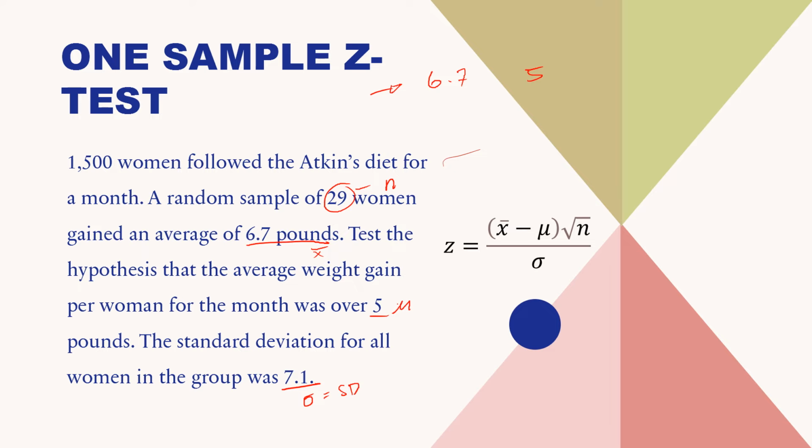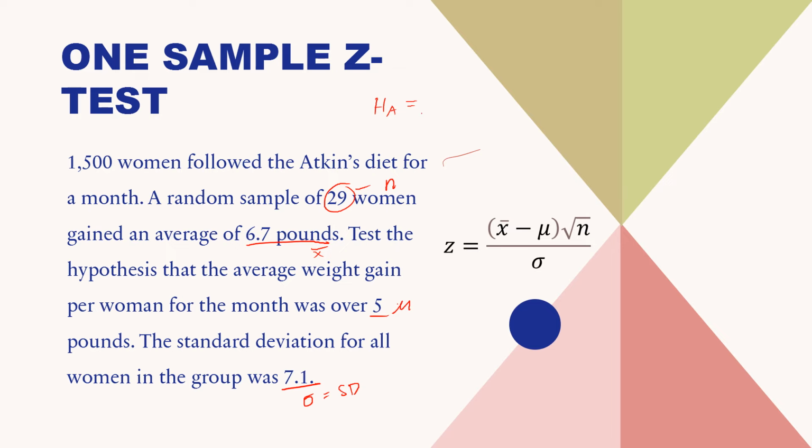So now that we have all the values, by the way, I'm still following the steps of statistical hypothesis testing. In this case, I'm just being fast with it. But if you're not yet used to doing it this way, I would advise you to follow the step-by-step procedure. So after we've already identified and analyzed the problem, all we have to do now is formulate our hypothesis, starting with our alternative, which is the hypothesis that the average weight gain per woman for the month was over 5 pounds.